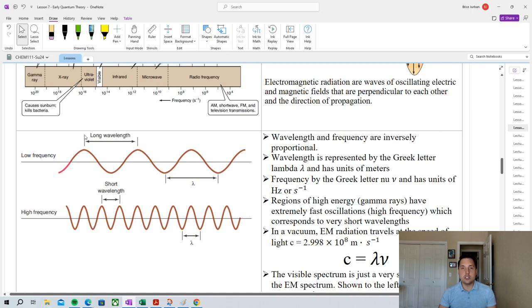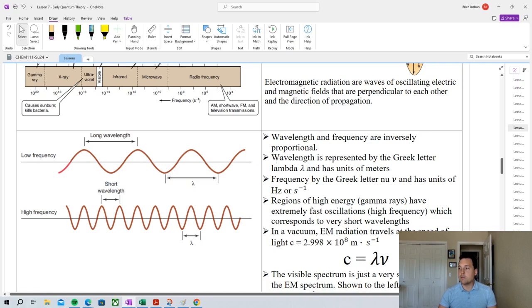This is a longitudinal wave. We can also have waves that exist in this direction, but we'll discuss longitudinal waves here. And then we can see that for high frequency waves, they have short wavelengths, and low frequency waves, they have long wavelengths. So they are inversely proportional to each other.